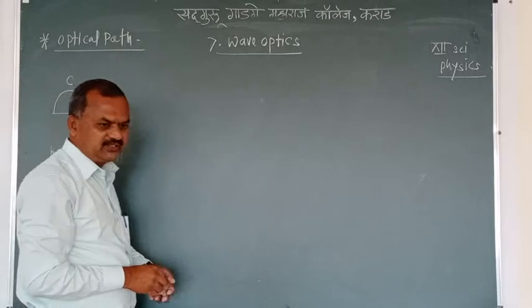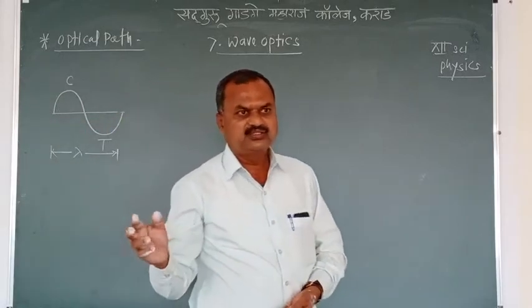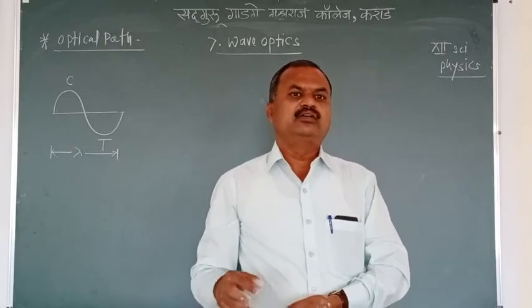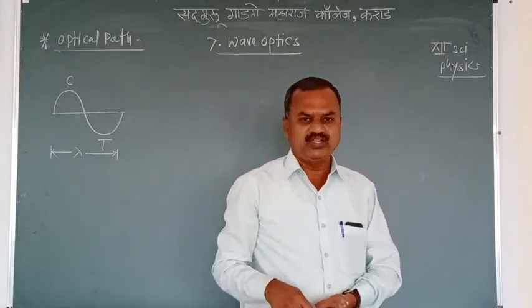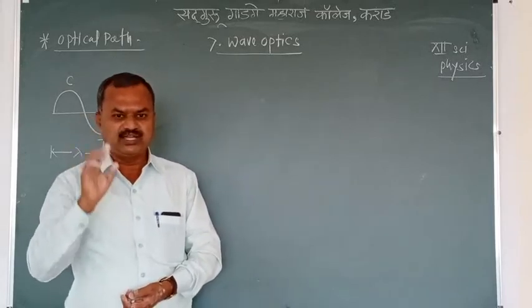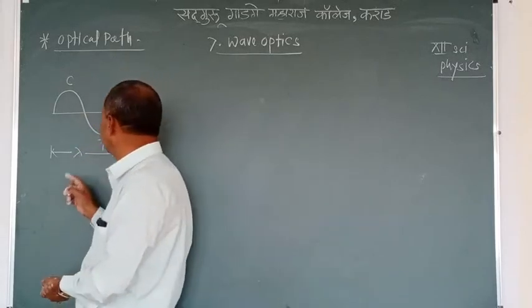Wavelength is nothing but the distance between two successive crests or troughs in the case of a wave, or the distance between two points which are in the same phase, called the wavelength of that wave, denoted by the symbol lambda.